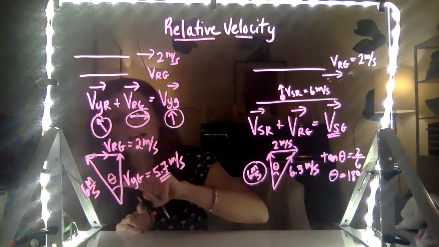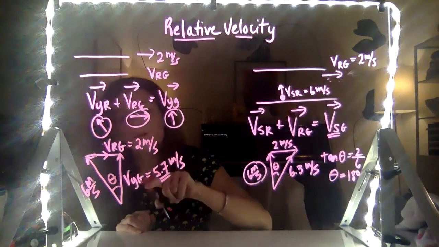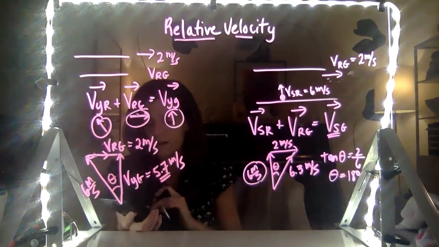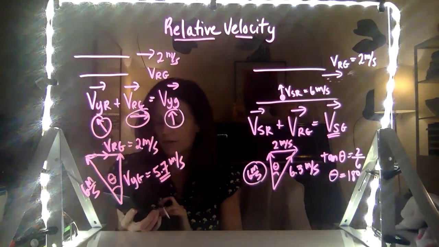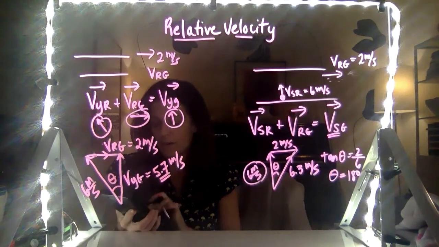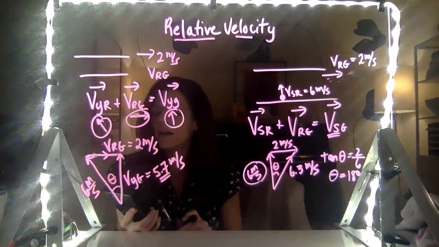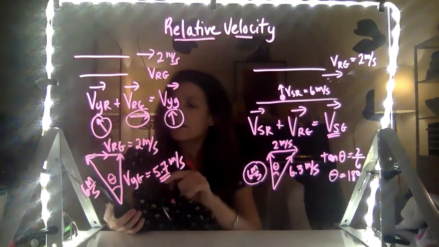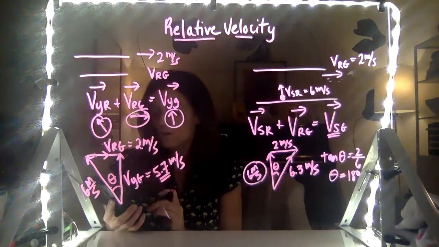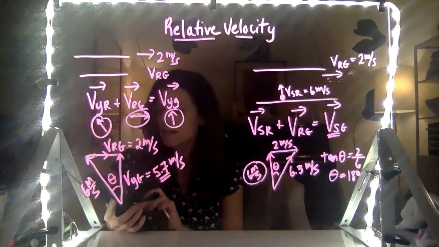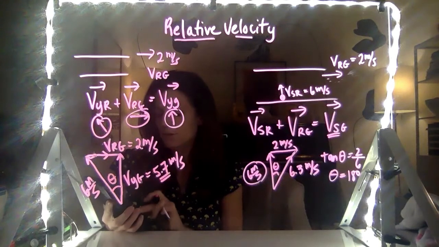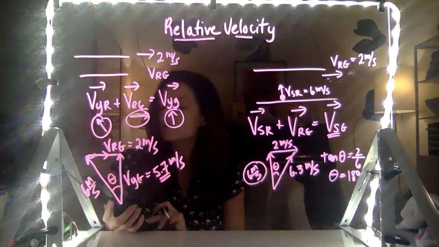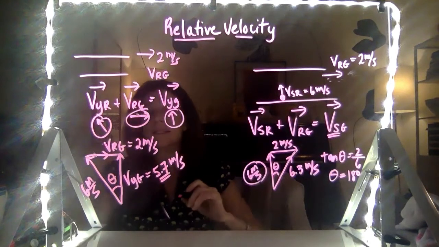So I'm going to use tangent again. Tangent theta is 2 over 5.7. So inverse tan of 2 divided by 5.7. And I get, what do I get? Let me see. I get 19 degrees.